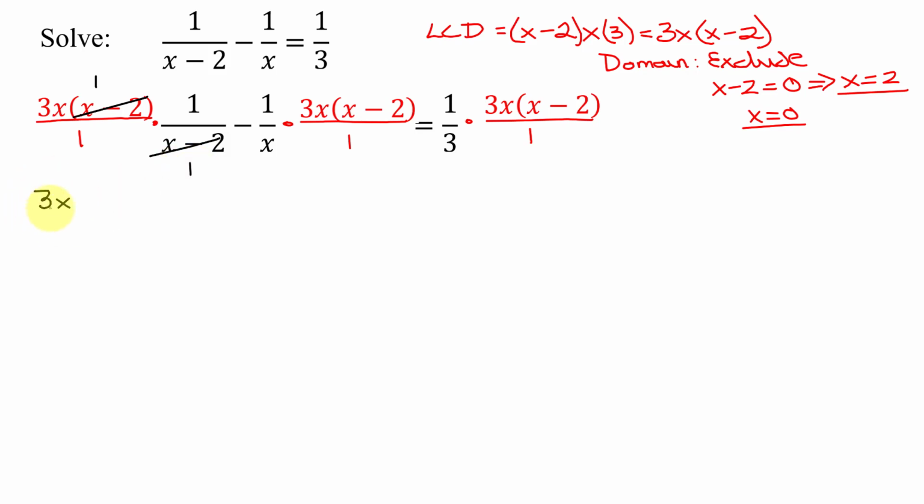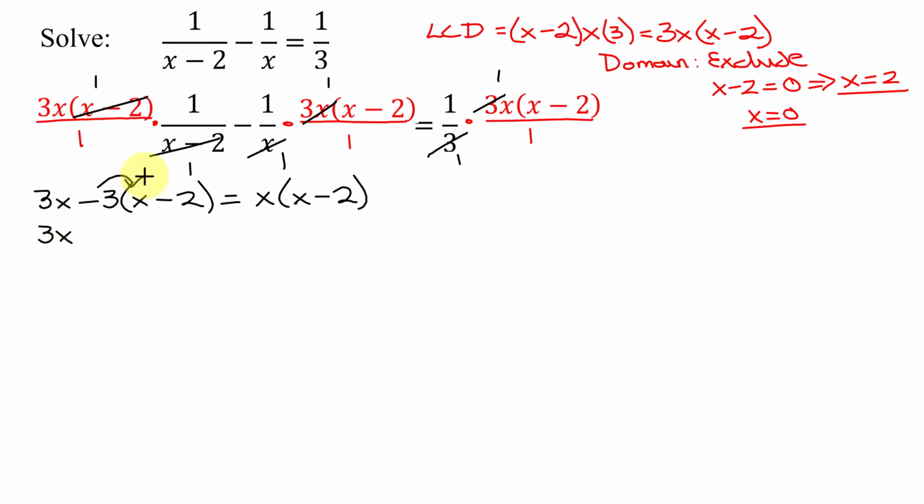So all I have is 3x, minus my second term, the x reduces, and I just get left with 3 times x minus 2, equals, on the last term, the 3's reduce, and I just get left with x times x minus 2. So now I've got rid of all my denominators. I need to simplify. So I'm going to have 3x, distribute the negative 3 in.